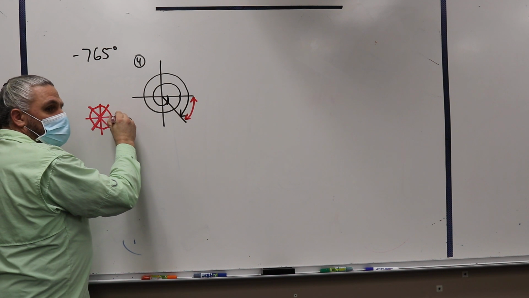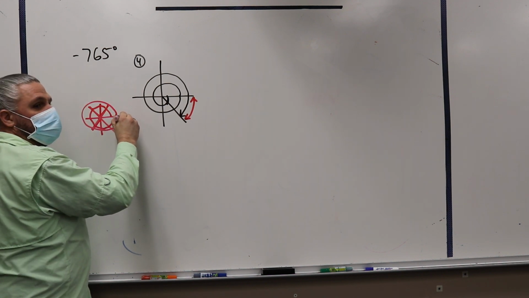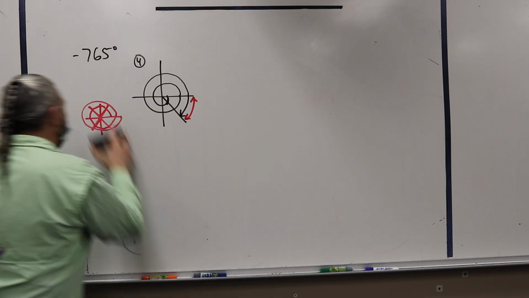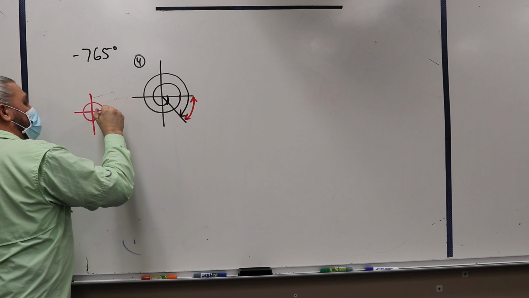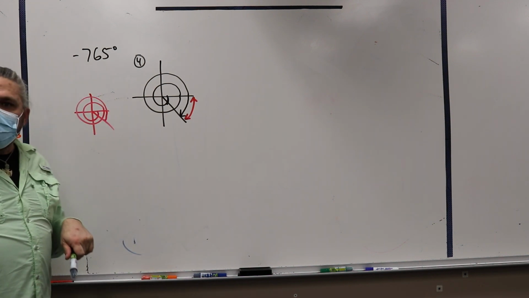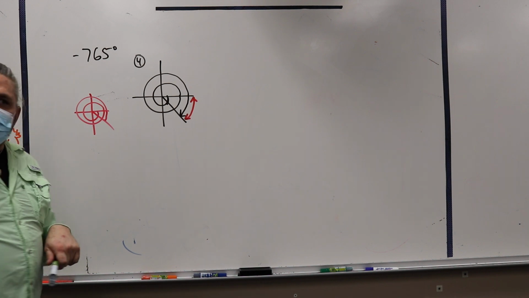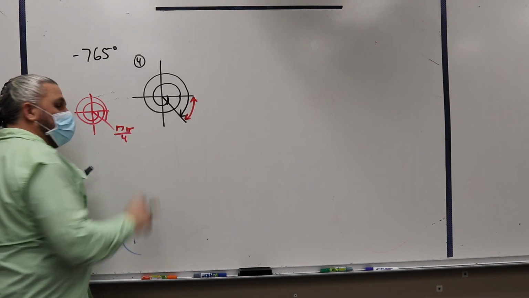So that's 8. Then I went all the way around again, that's 16. Actually, I went the other way though, huh? So I went 8, 16, plus 1 more. So I went 16 plus 1, which is what? 17 pi over 4.